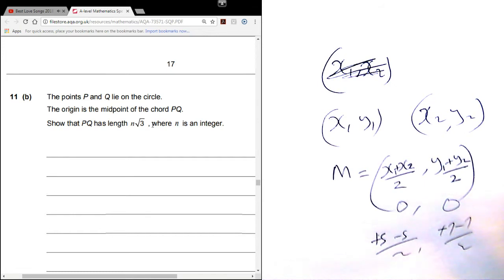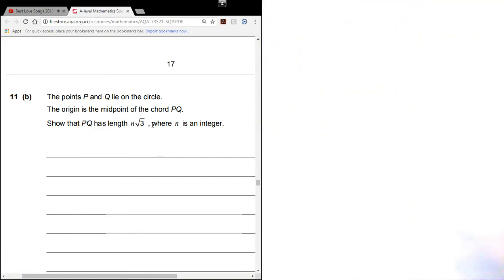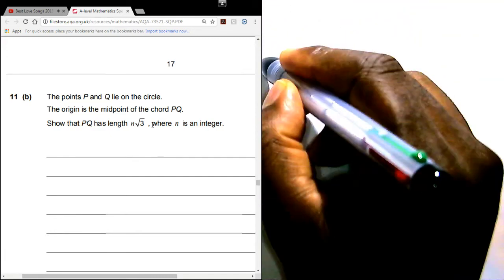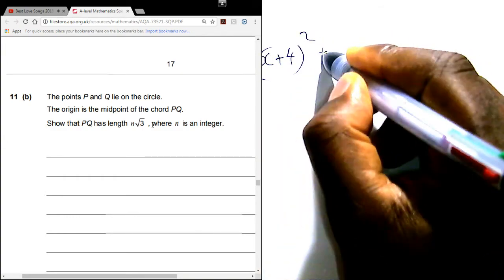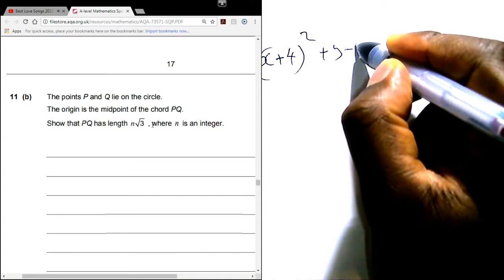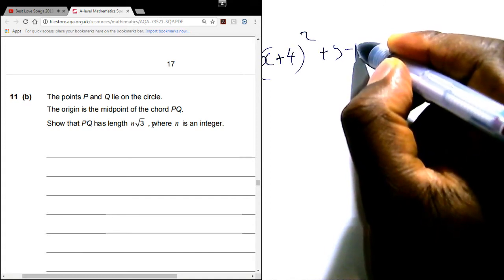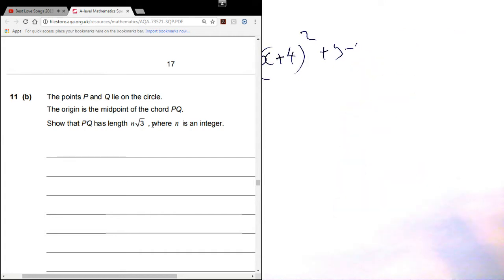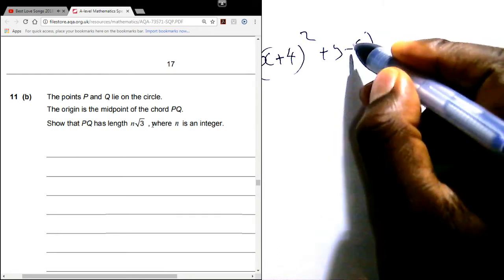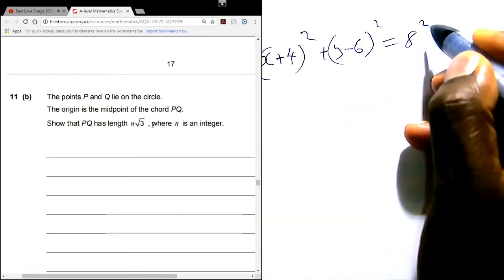If both of them are points on the circle, then we can use the equation of the circle, which says x plus 4 all squared plus y minus 6 all squared equals 8 squared.